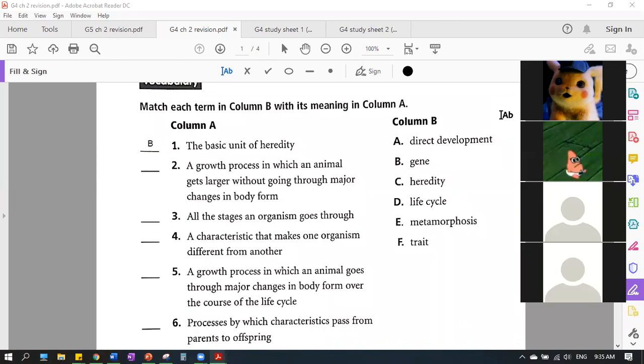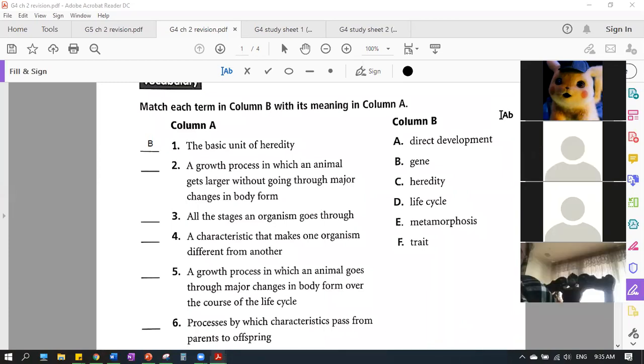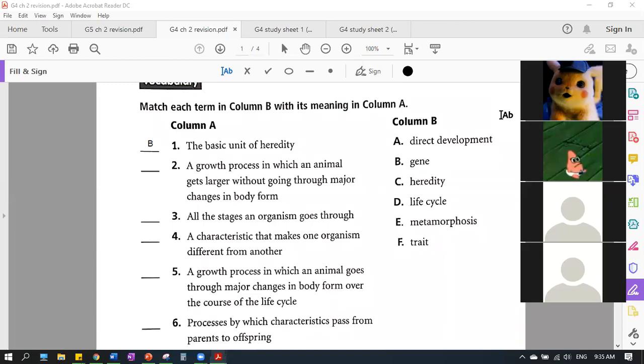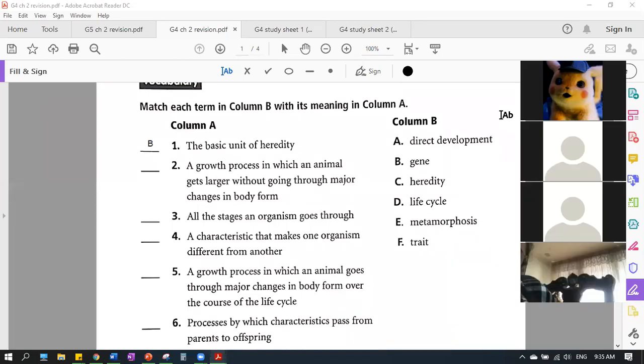Who's asking about the page? Wahba, what kind of page is this? No, this is a worksheet I will be uploading. You don't have it in your book, sweetie. This is just a revision sheet. So, Rugmini, you will answer number 2.